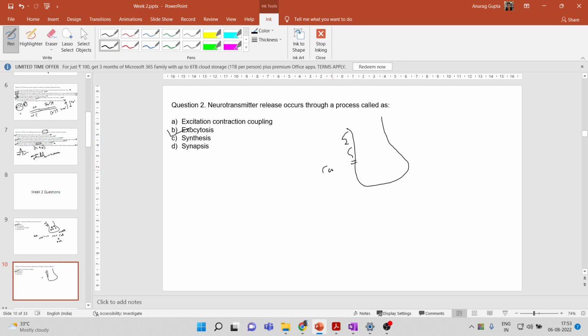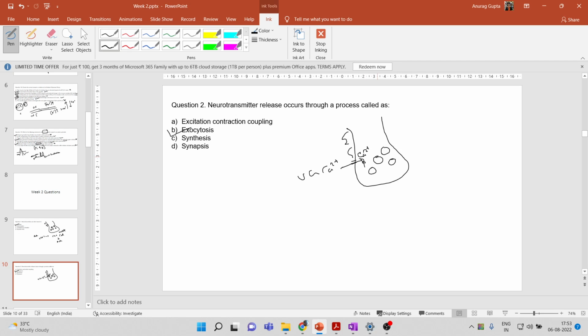we have Ca2+ voltage gated calcium channels, and these get opened up, and there's a large influx of Ca2+, and then on the vesicles we have this particular sensor called synaptotagmin, and this detects this high increase in calcium.